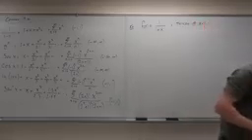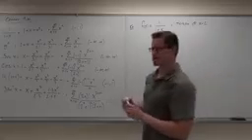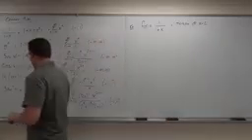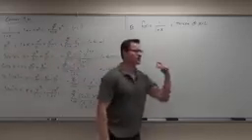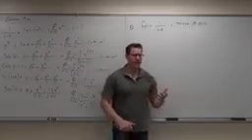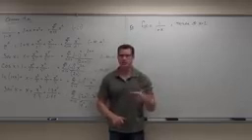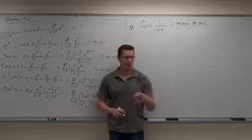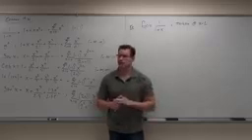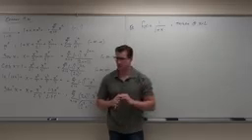Now here's how to diagnose the problem. If you're going to have a Taylor series at the point x equals 2, what that means is that somewhere in your series you are going to have x minus 2. Does that make sense to you?